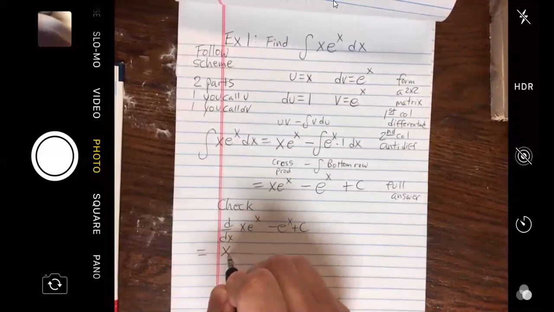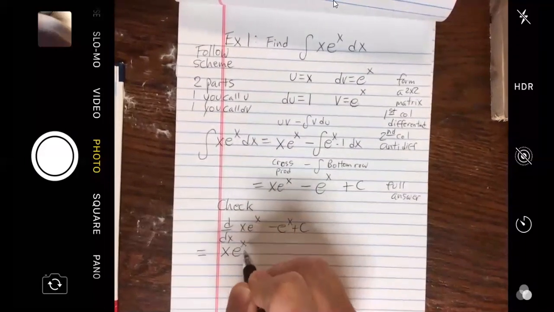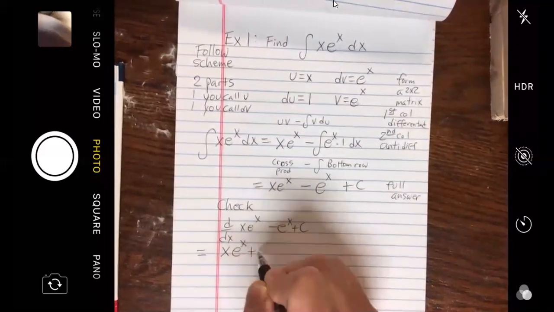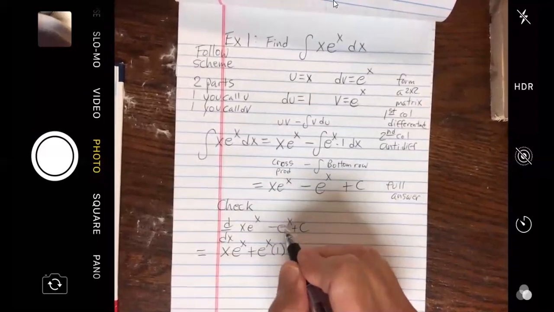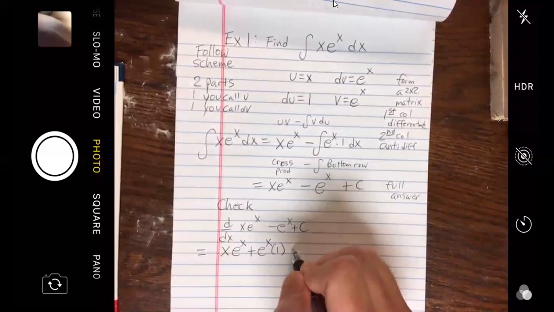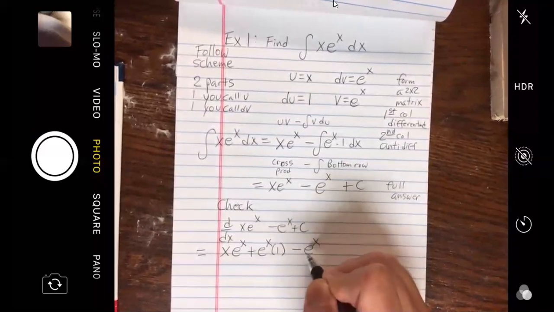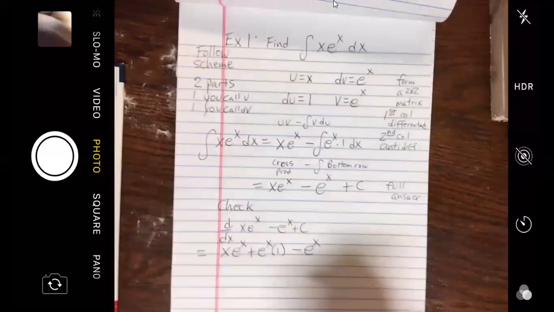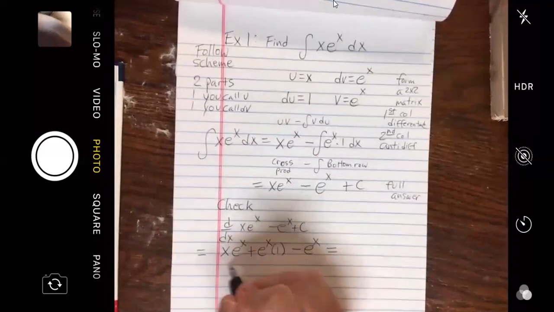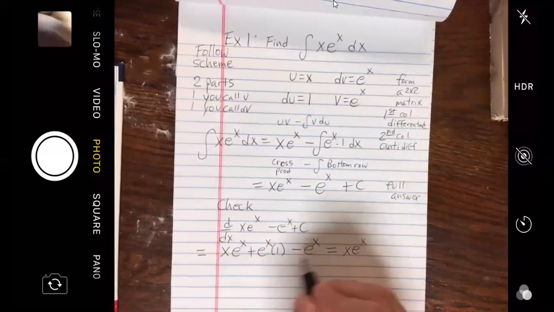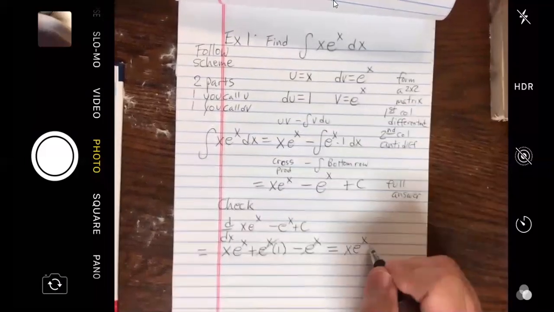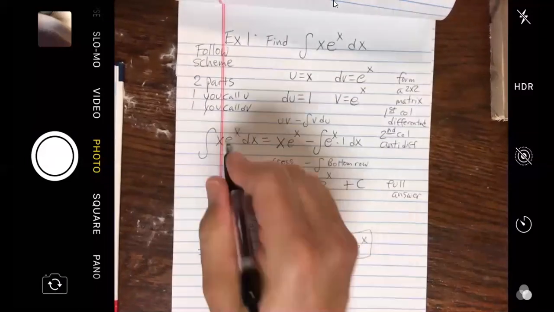First, derivative of the second, e to the x, plus second, d first, 1. All right, then you go to this term. Well, that's a straight e to the x, so its derivative is also e to the x, and your c goes away. You have your lead x e to the x, and your e to the x minus e to the x just cancels, and you wind up with your x e to the x, which is what you had originally.